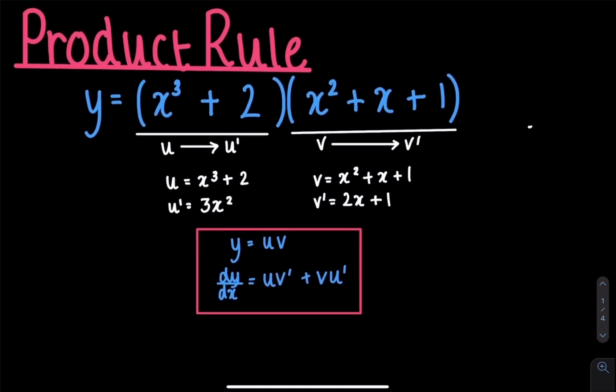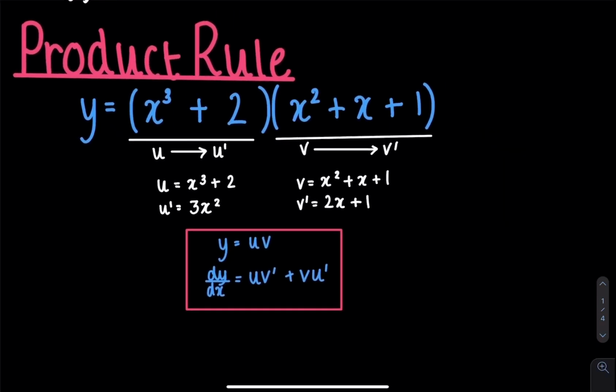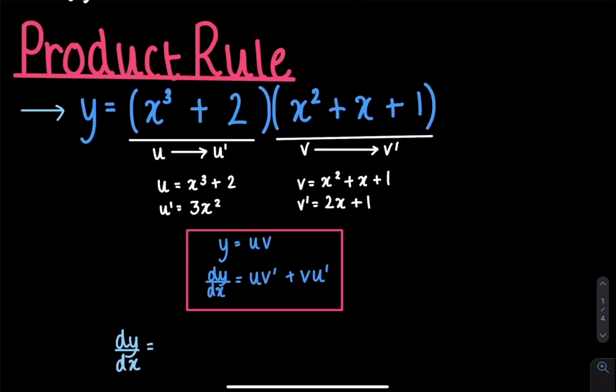So all I've said with that general form is I'm going to take this function and multiply it by the derivative of this function, plus this function multiplied by the derivative of this function. Now let's put it into practice. So the differential of this function as a whole, dy over dx, will equal the first function multiplied by the second derivative.